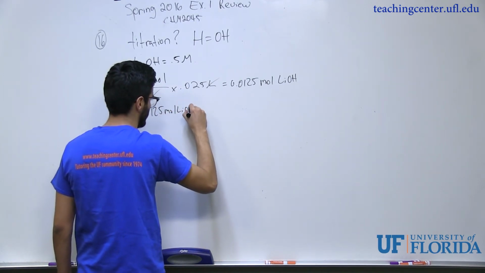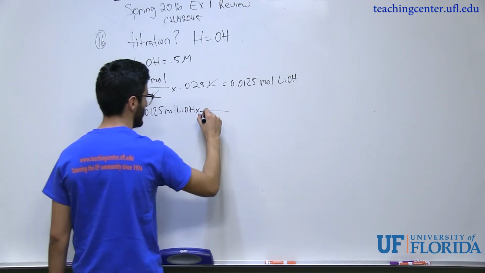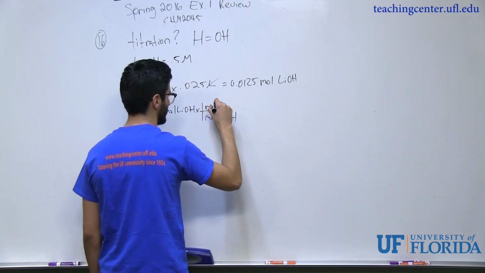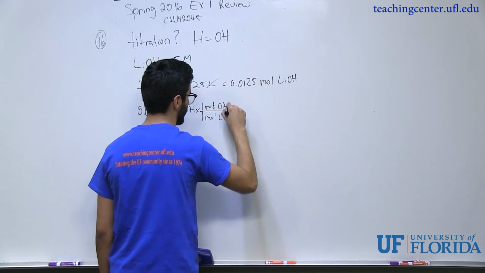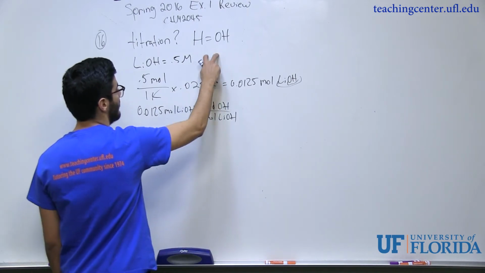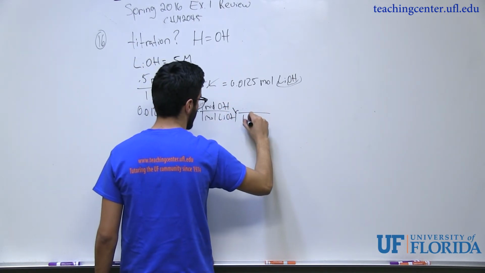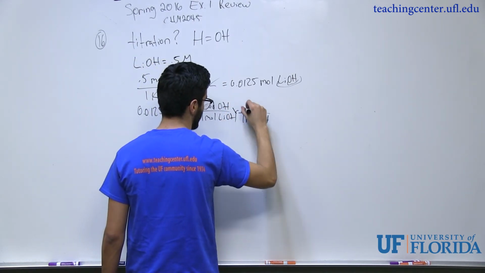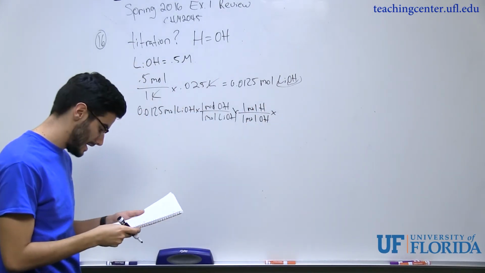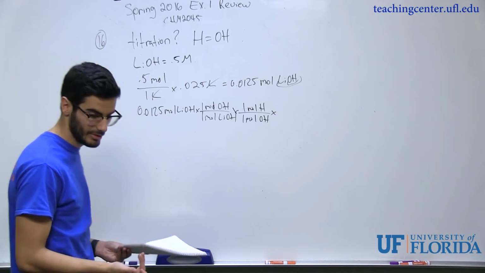Well, I know for every 1 mole of LiOH, I have 1 mole of OH. For every 1 mole of this, I have 1 mole of that. Well, I'm at my equivalence point, so I know for every 1 mole of OH, I have 1 mole of H.